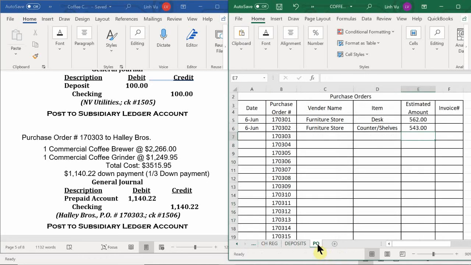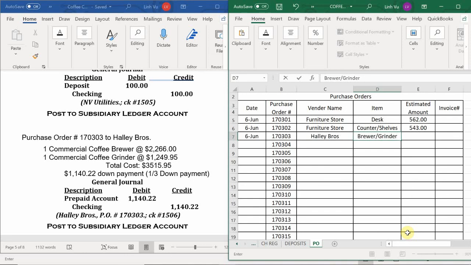So in this case, we're going to go to our purchase orders. Okay. We purchase order this on the 6th. Who did we purchase this from? From Haley Bros. What did we buy from them? We buy a coffee brewer and a grinder.